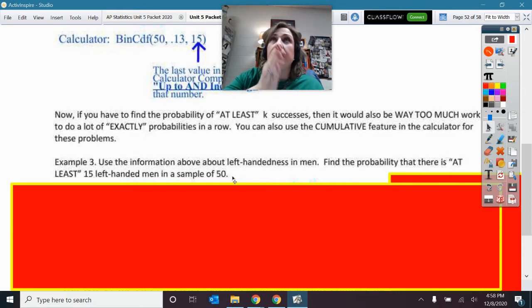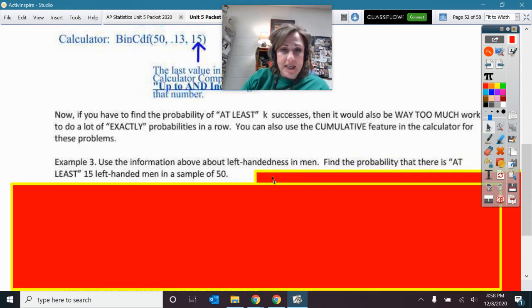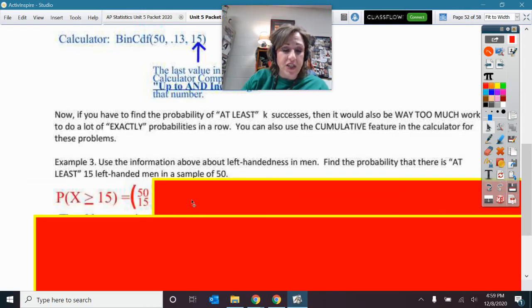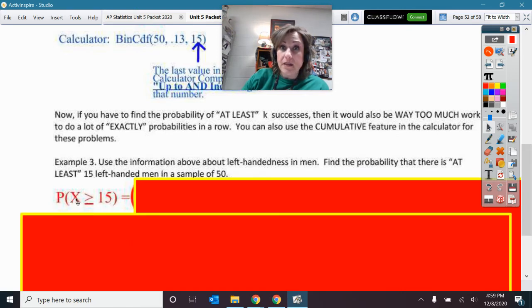Okay, so I want 15 or 16 or 17 or so on. So I want all that, 15 successes and above. So what I'm wanting to calculate is success greater than or equal to 15 successes.